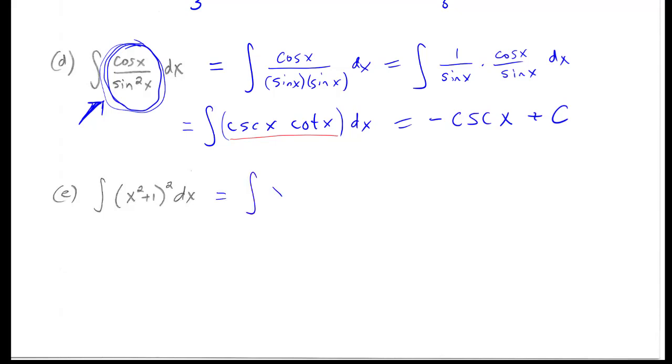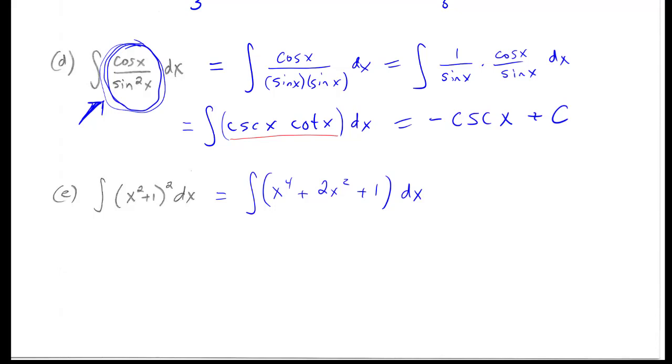So we'd be integrating x to the 4th plus 2x squared plus 1 dx.